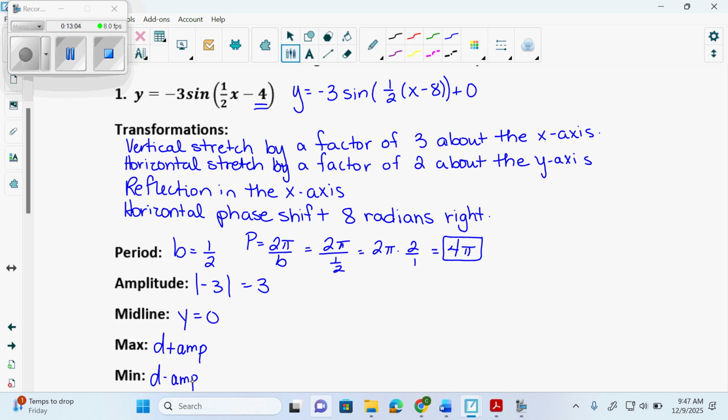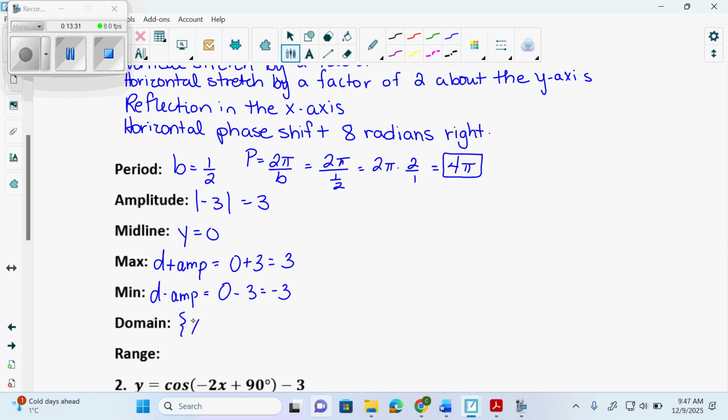Are we allowed to ampta? No, ampta is stupid. Damp is good. All right. So we're going to go 0 plus 3, which is 3. The amplitude is not -3 for those of you who put -3. Stop it. And then D minus amp, so it's negative 3.